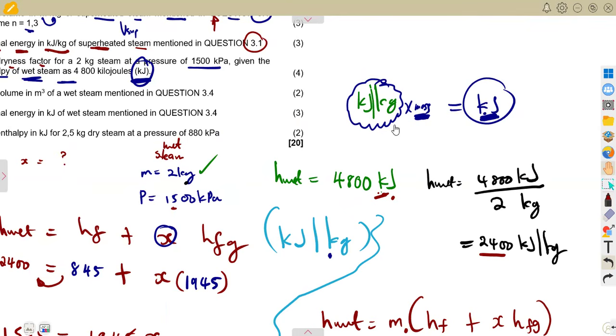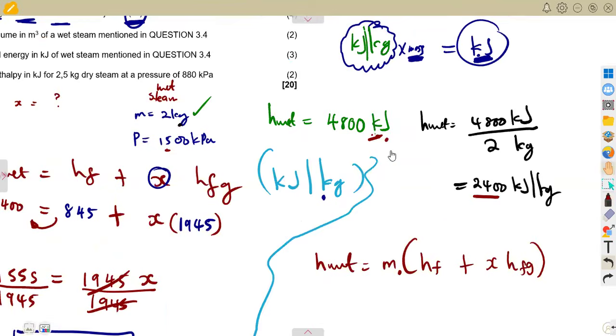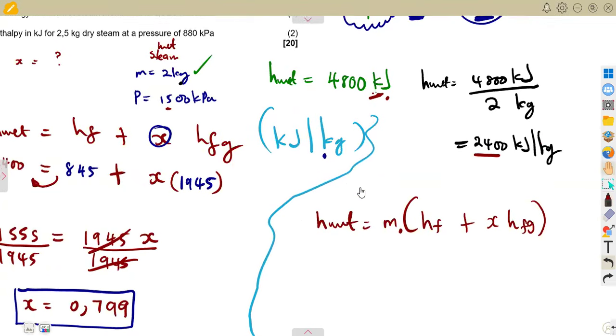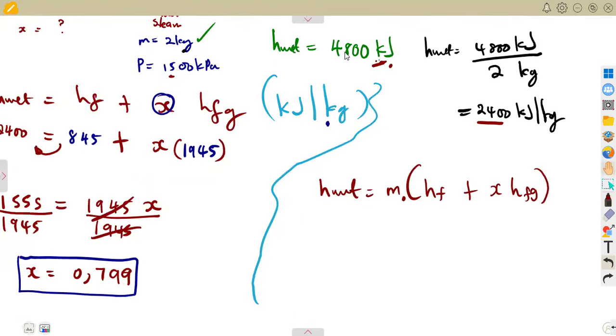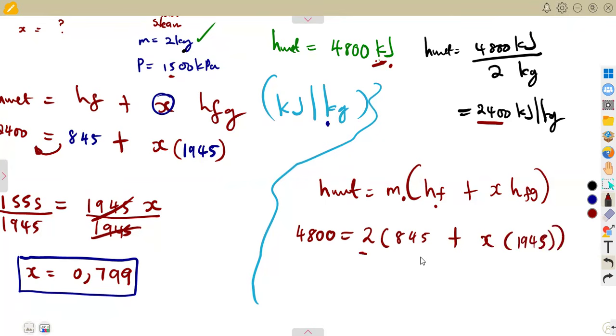Unless you understand this, yes, I agree with you. You can use the 4,800. So it will be like this now. 4,800 is equal to the mass. Remember, the mass is given as 2. So this is 2 into HF. We took this from our steam table, 845 plus X. Remember, our HFG was 1,945. So just divide by 2, or you can multiply by 2. It's up to you, guys. This is mathematics. It's in your hands.